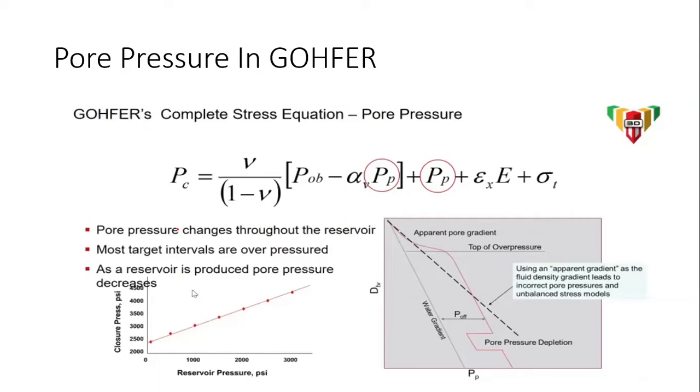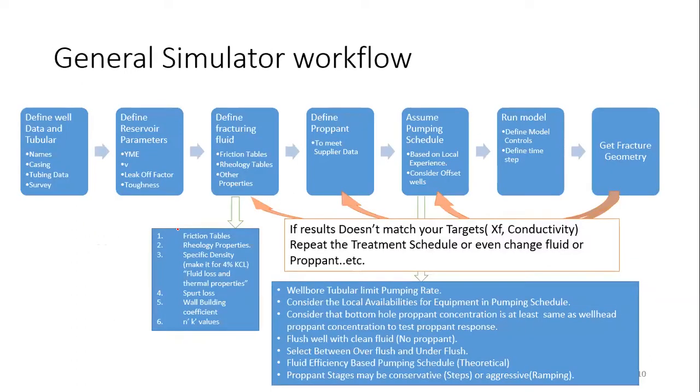We can adjust these two gradients, then calculate the minimum horizontal stress using these base concepts: the vertical stress, the reservoir pressure and pore pressure gradient 0.433. Then calculate based on Young's modulus and Poisson ratio using this equation.